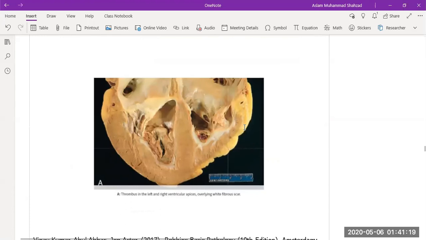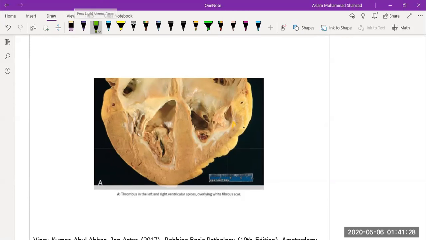This is a thrombus in the left and right ventricular apices, and this white structure, okay, this white shows you the presence of the thrombus formation, which is overlying and consists of the white fibrous scar on the right and the left ventricle. So this white fibrous scar shows you the presence of thrombus in both ventricles.